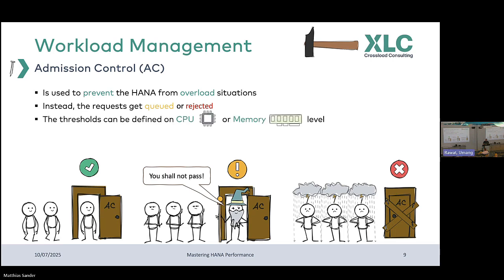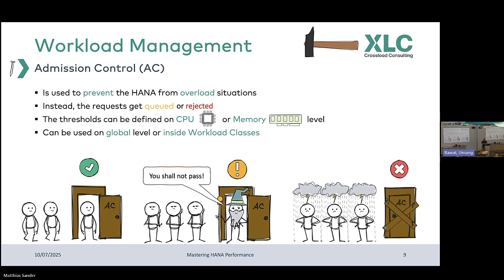The thresholds to control the admission control are usually defined on the CPU and memory level at the end. You can define it as a general value on HANA level, but you can also use it inside of workload classes.